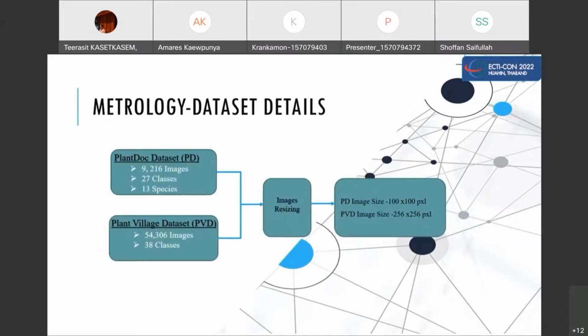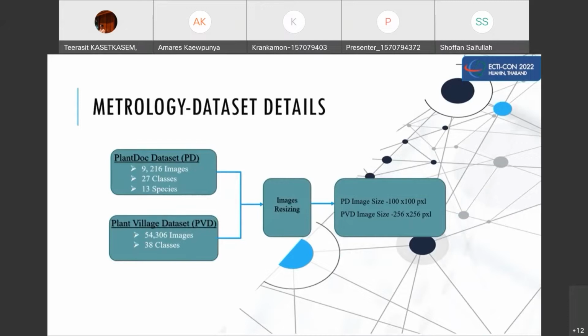In this slide, I will be presenting on the dataset details. In this study, we have used the PlantDoc dataset, which is PD, and the PlantVillage dataset, which is PVD. In the PD dataset, there are a total of 9,216 images with 27 classes of diseases and 13 species.